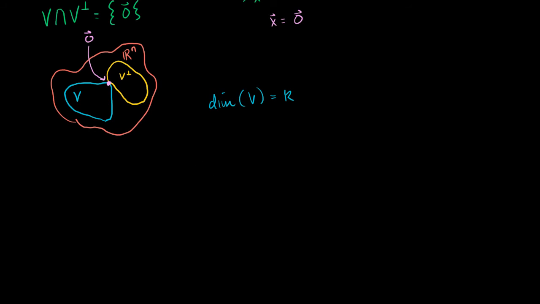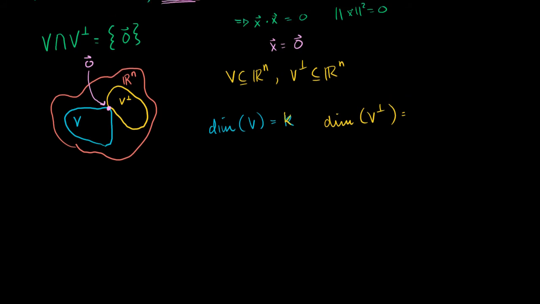If it's equal to k, we know that its dimension plus its orthogonal complement has to be equal to n, because we're dealing in Rn. V is a subset of Rn, and we also know that the orthogonal complement of V is a subset of Rn. If the dimension of V is equal to k, then what's the dimension of the orthogonal complement of V going to be?